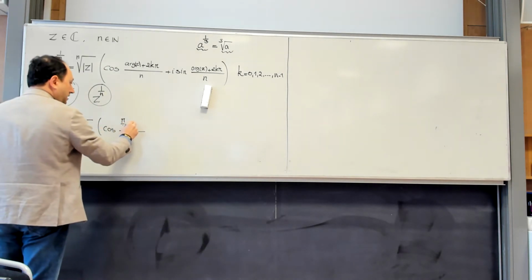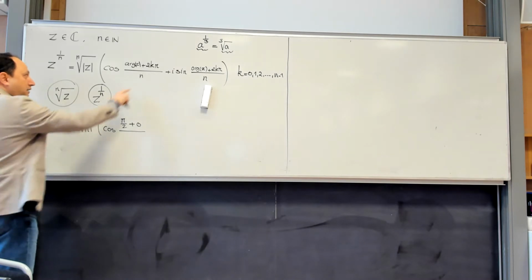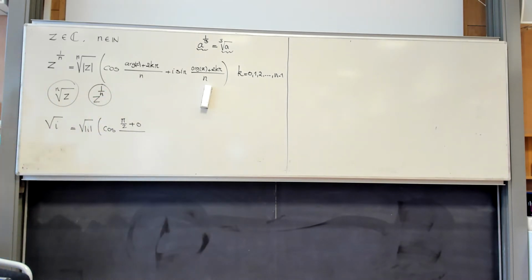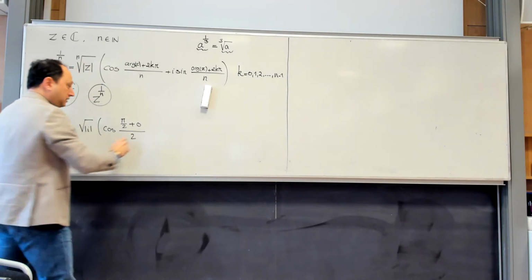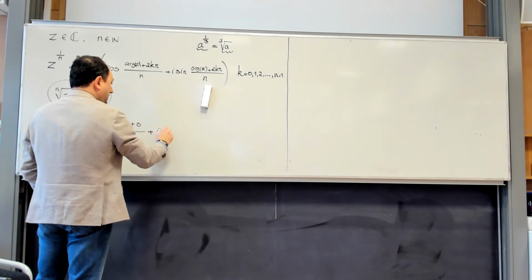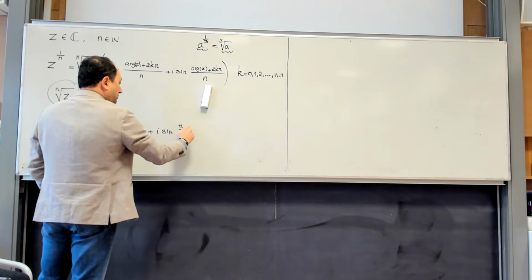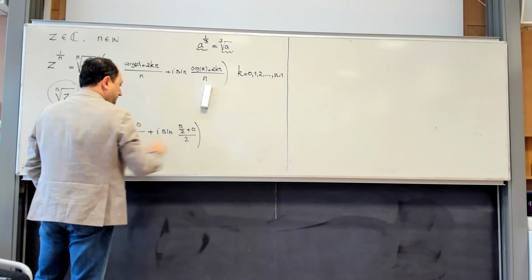I have to choose k equal to 0. And then what is n in this problem? What is n? 2. 2, yes, because I am interested in the second root, yes? n refers to the nth root. So here it's 2, and then I would write i sine pi over 2 plus 0 divided by 2.